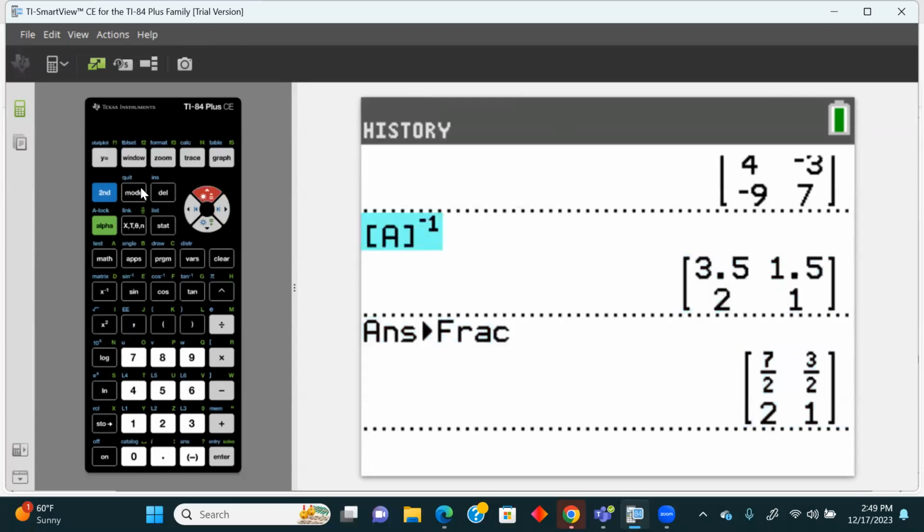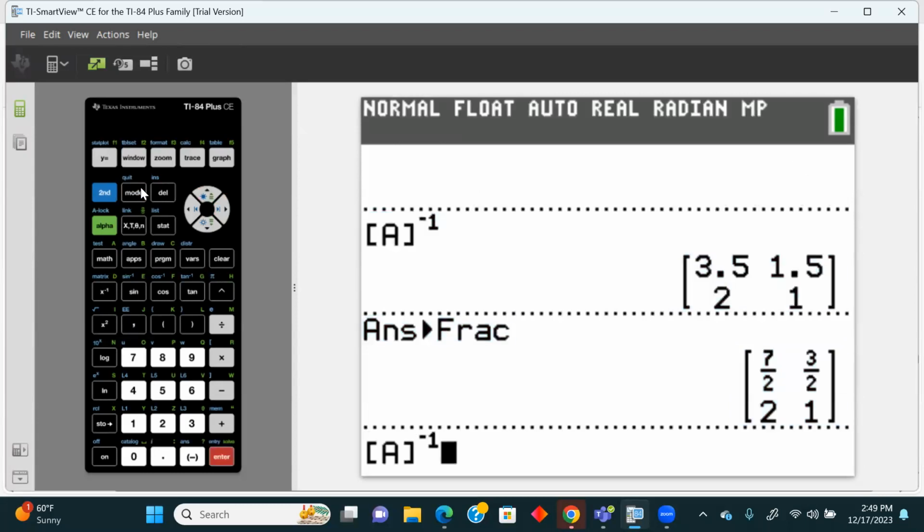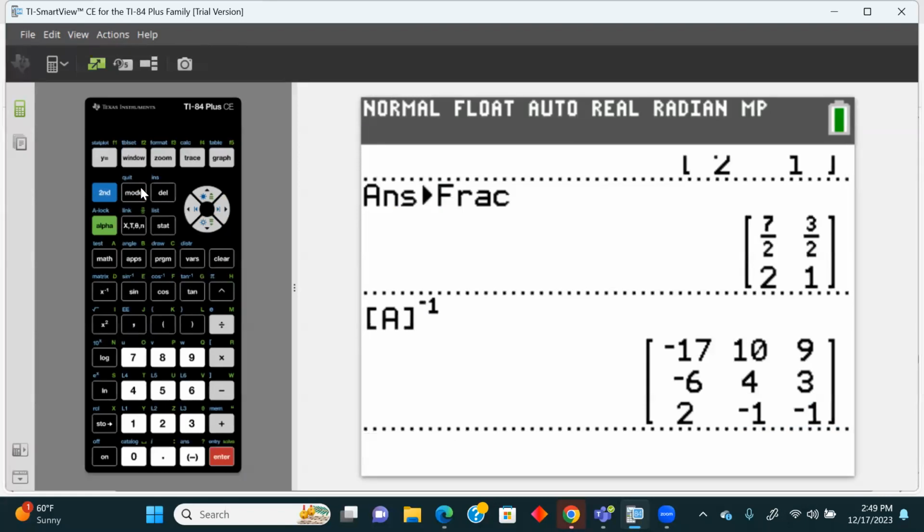You can put A and then the inverse. You can do the copy and paste function or feature, and that is the resulting inverse. And that is it for section 6.5.